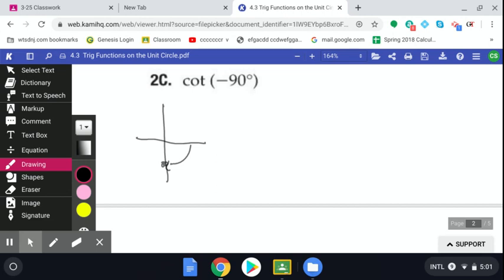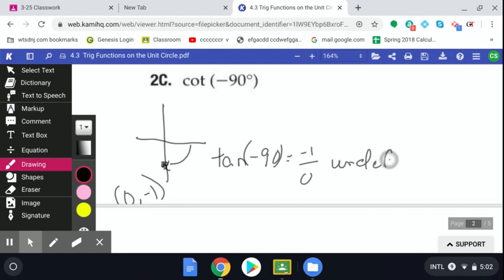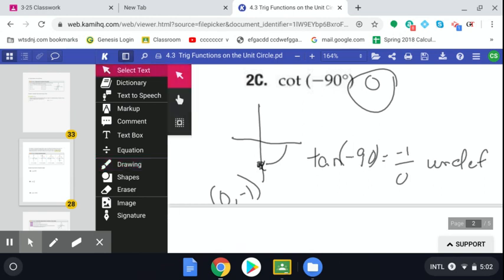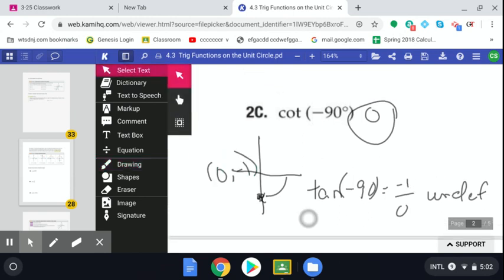The coordinates of this point would be 0, negative 1. So tangent of negative 90 would be negative 1 over 0, which is undefined. But I'm not talking about that. I'm talking about cotangent. So cotangent negative 90 would be x over y, which is just 0.